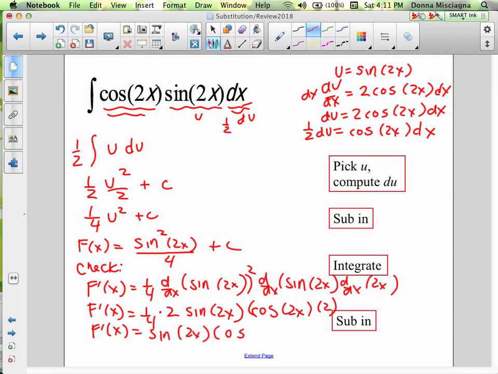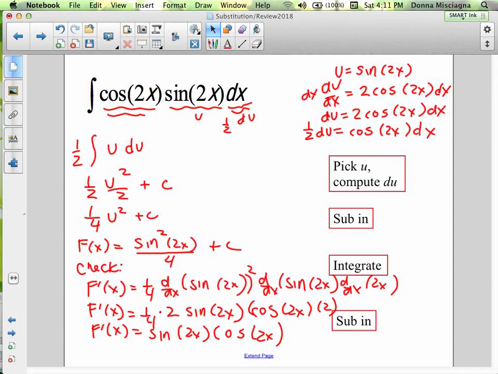But this one got the same answer. How could that be possible? Well, remember, sine and cosine are the same function, just shifted. The cosine is sine just shifted over. So they're both correct.